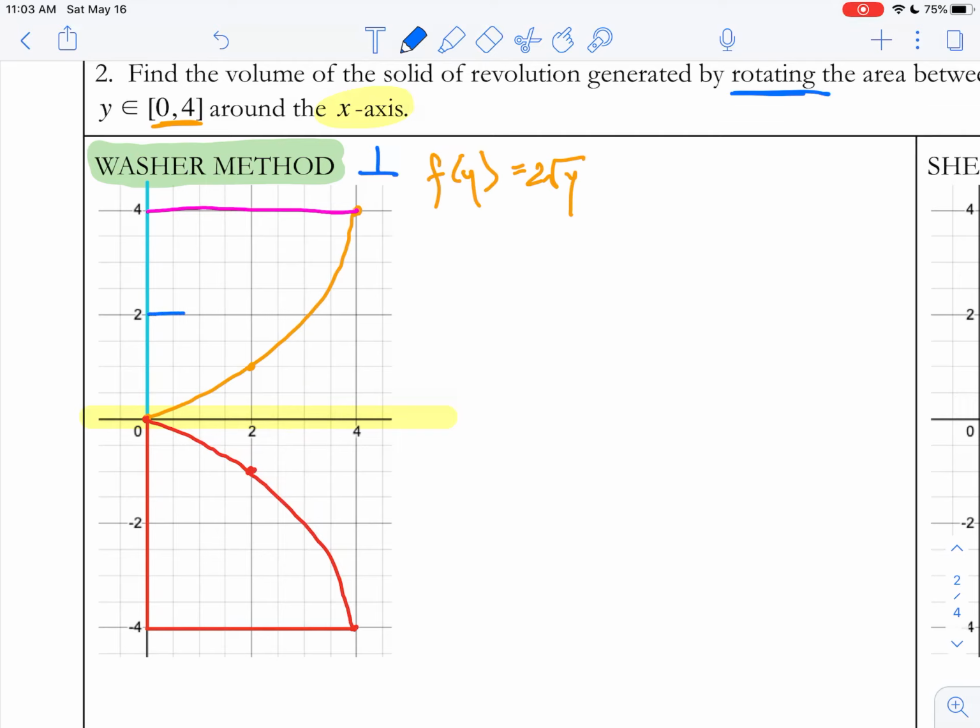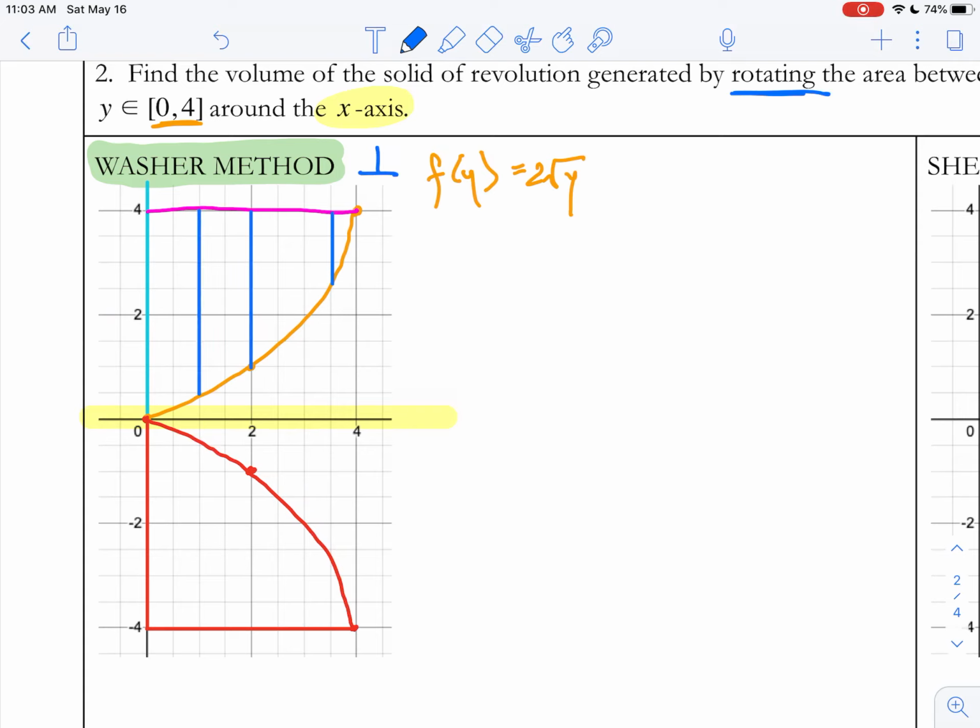That means that I don't want to draw something like this because that blue line is parallel to the yellow line. So I'm going to undo that, and I'm going to draw a line that is perpendicular to the x-axis. So for example, I might have one here, okay? I might have one here, and I might have one here.